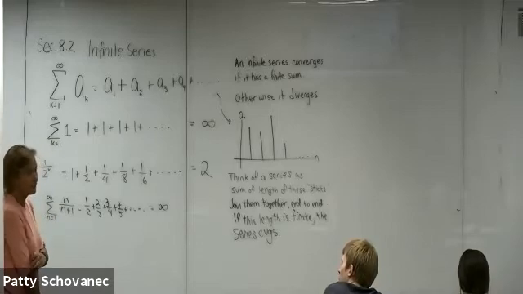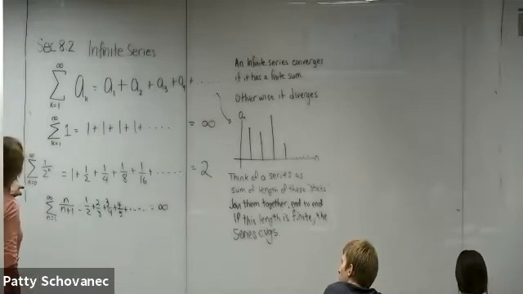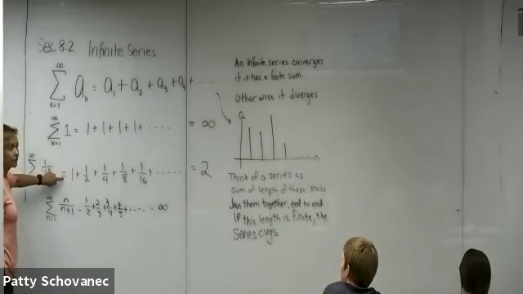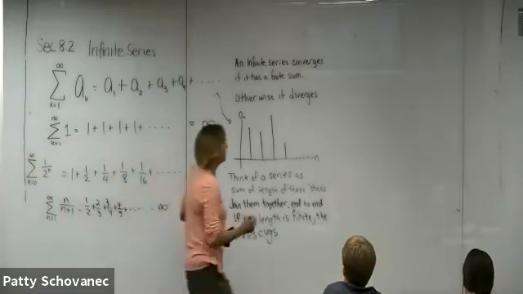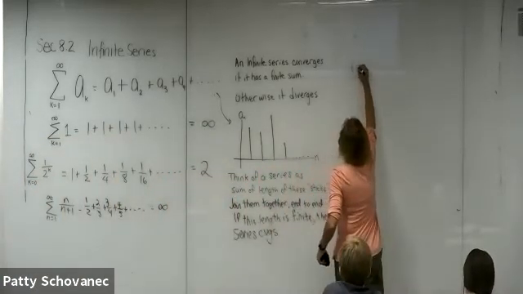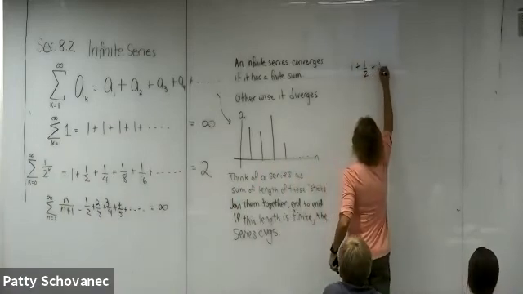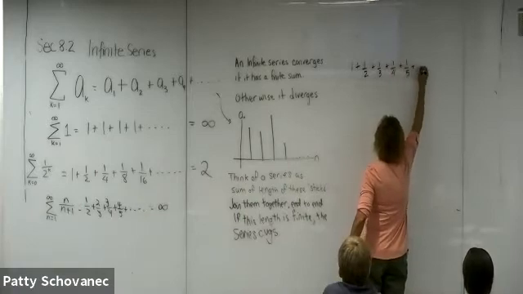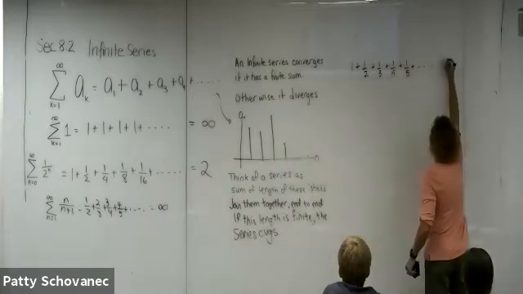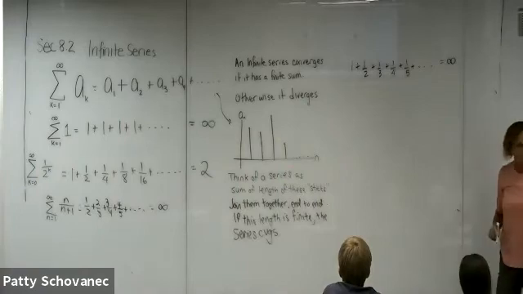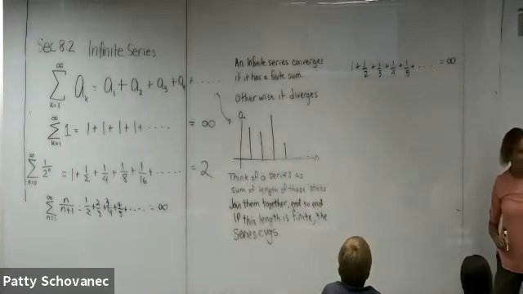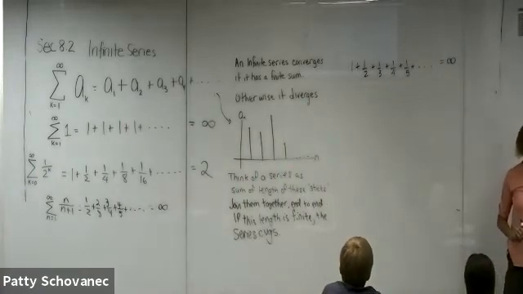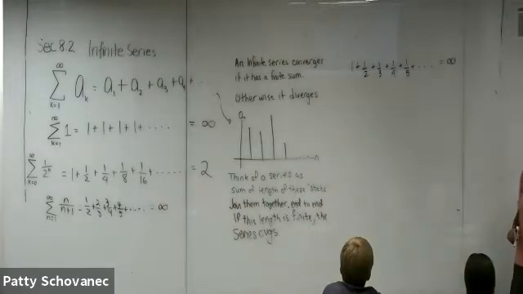But that's not guaranteed. Like this one here is going to converge, but this series here, eventually I'm adding terms that look like 0, and yet it's going to diverge. So I have to add zero fast enough, and that idea is what's going to be hard to determine.